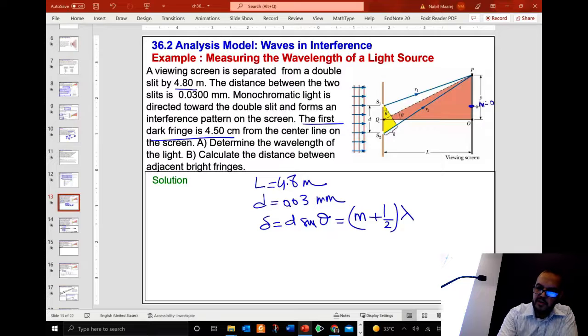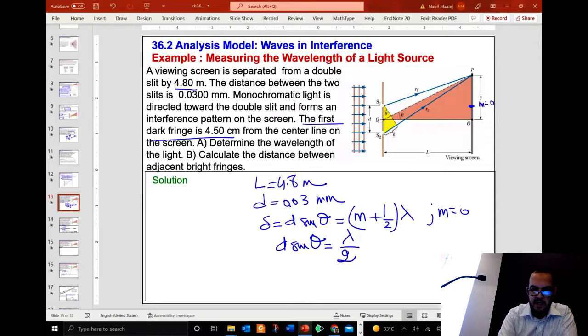The first dark fringe corresponds to m equal to 0, so m is equal to 0. That means d sin theta is going to be equal to lambda over 2. All right, the first dark fringe is at 4.5 centimeters.